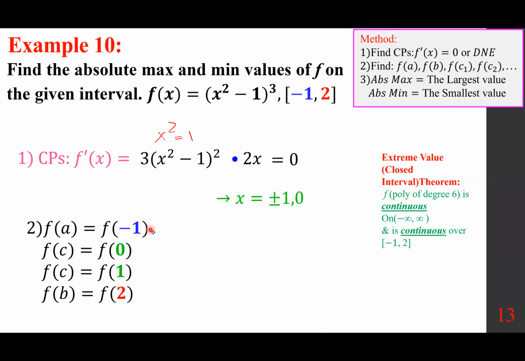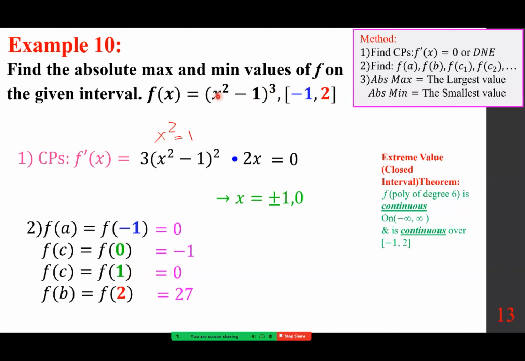Now I'll give you the answers. Basically, what you need to do is plug these numbers into the original function. For example, if I plug in negative 1, squared becomes positive 1. 1 minus 1 is 0, so this is 0. If I plug in 1, the same thing.